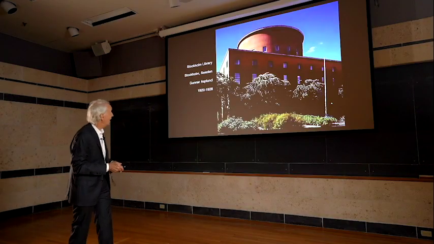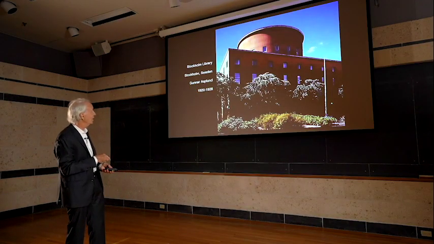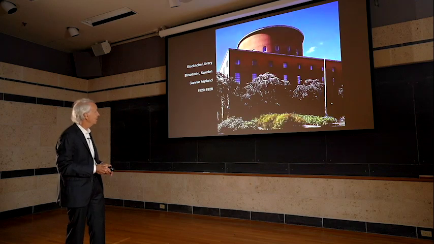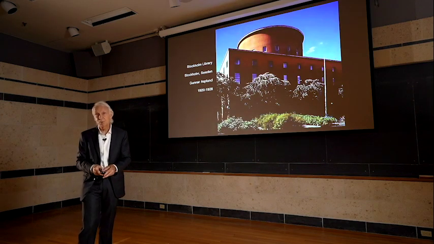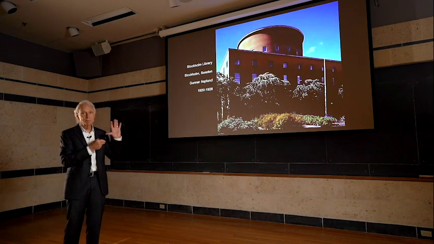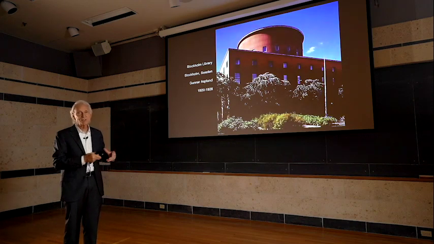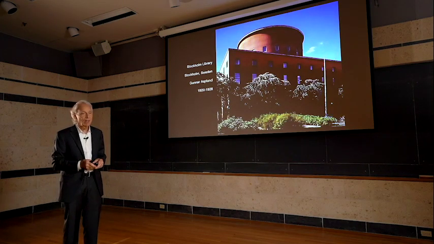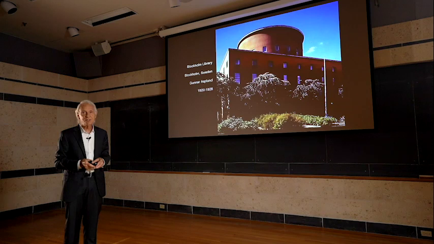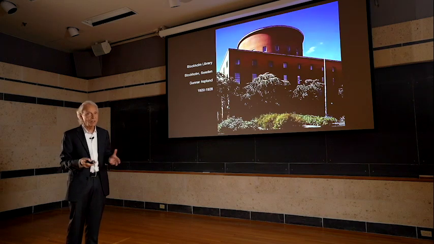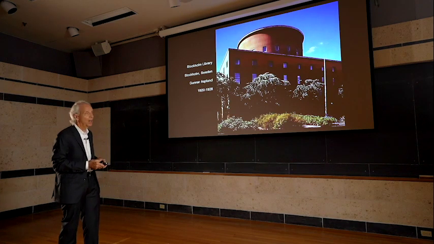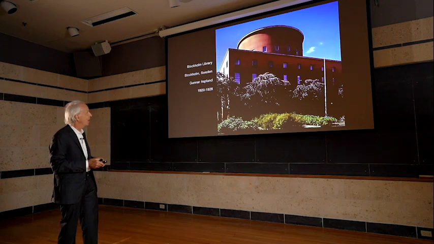So this is a library in Stockholm, Sweden by Gunnar Asplund, done between 1920 and 1928. Gunnar Asplund, premier architect in Sweden at the time. In your readings in Rasmussen's book, Experiencing Architecture, you'll encounter Gunnar Asplund several times.